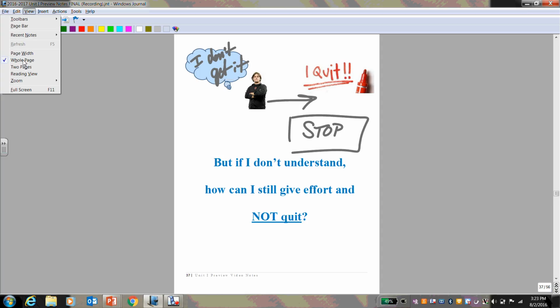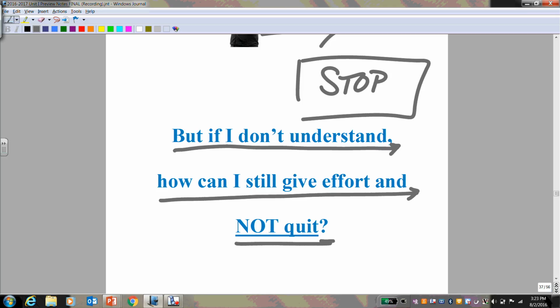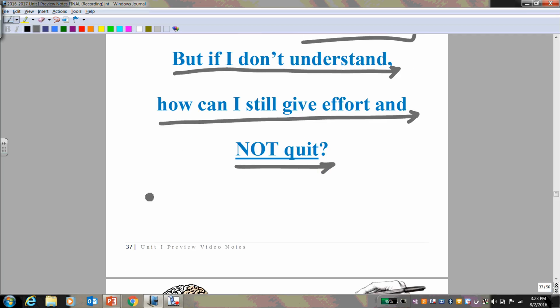And in your brains, well, it's like, if I don't understand something, how can I still give effort and not quit? And what I want you to really, really understand is that you don't understand first and then give effort.